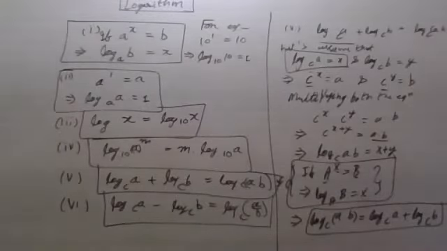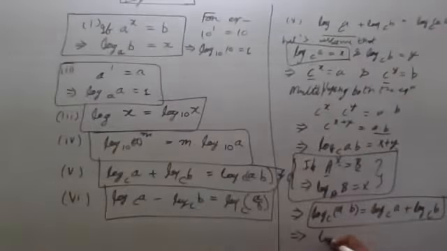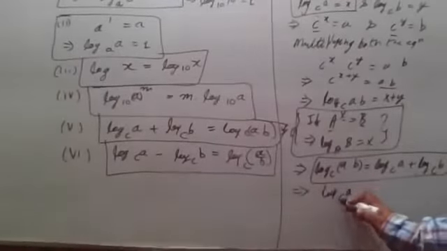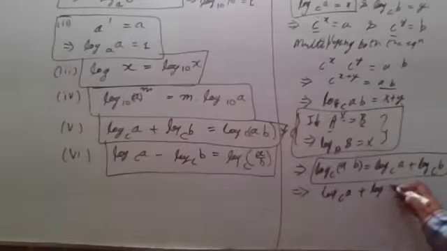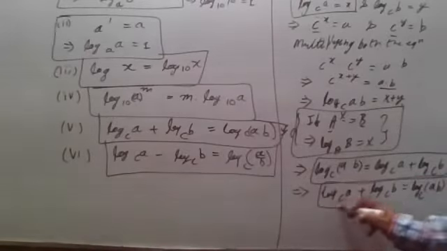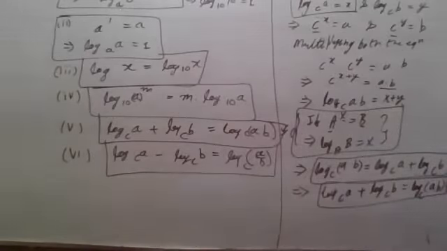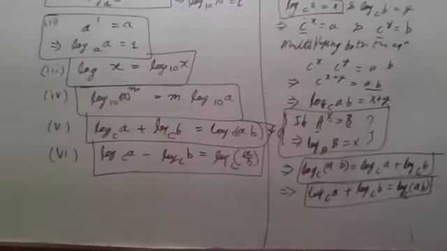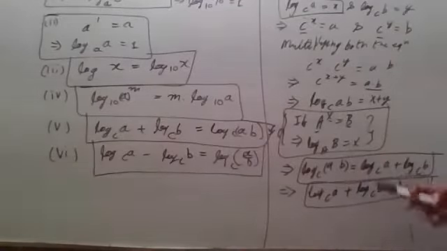Understand? Or we can change their sides also. Means if we write this side first, log a to the base c plus log b to the base c, it is equal to log ab to the base c. Is that clear to everyone? Yes, sir. Understood how to prove the formula of log a to the base c plus log b to the base c equals log ab to the base c.